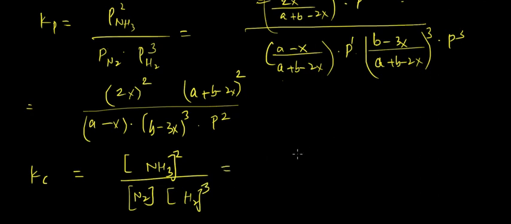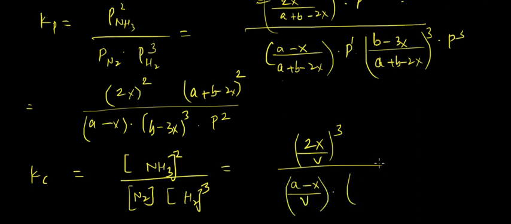Concentration of NH3 was 2x by V. Concentration of N2 would be moles of N2 present at equilibrium divided by total volume of the solution or the mixture, and H2 would be b minus 3x divided by total volume of solution cube.